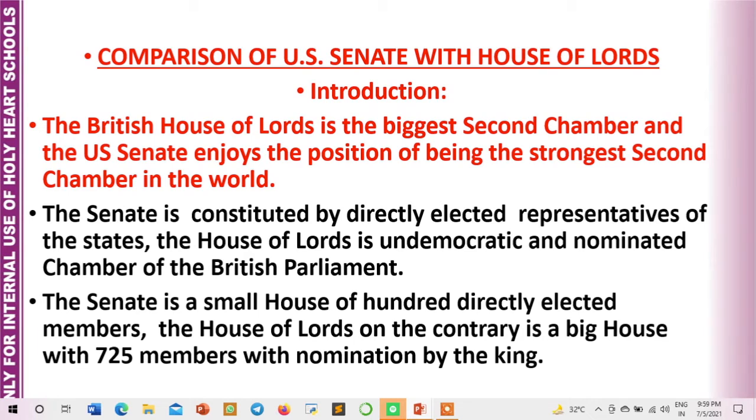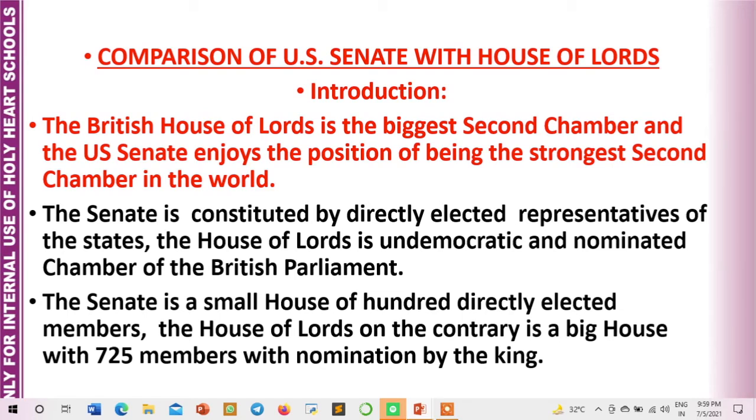The Senate is constituted by directly elected representatives of the states. The House of Lords is an undemocratic and nominating chamber of the British Parliament. So this is a very big difference between the two. Both are upper houses, but the Senate consists of directly elected members, while the House of Lords consists of nominated members.